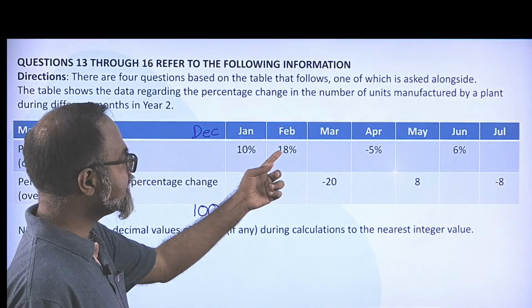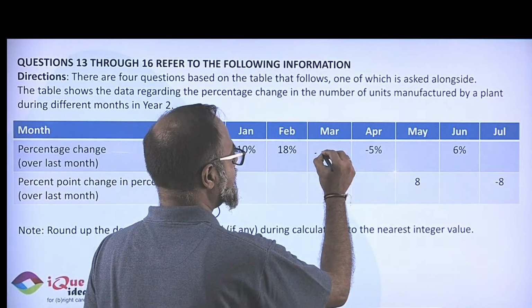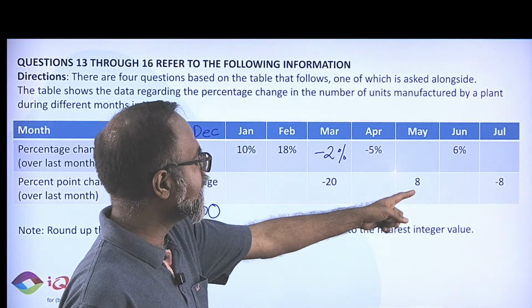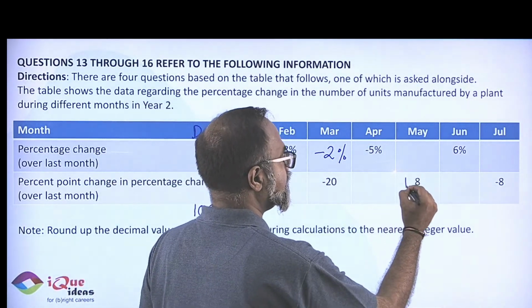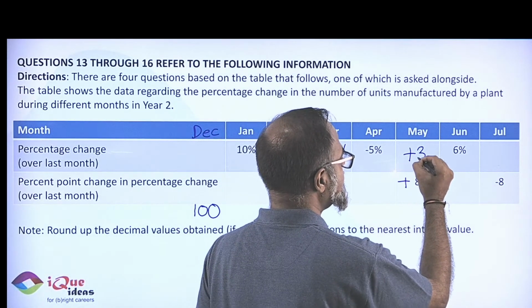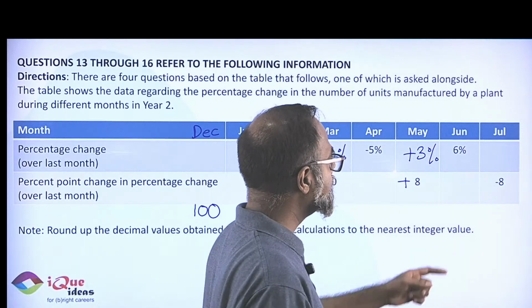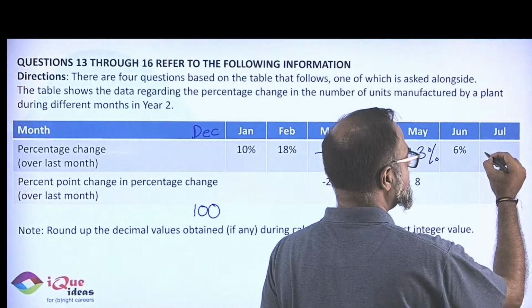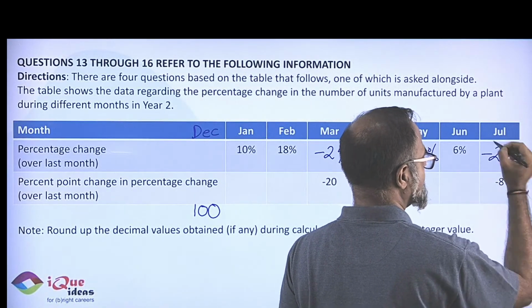So 18% -20 should be taken as -2%. Again, this is +8, right? So -5% plus 8 is +3%. And 6%, the next is -8. So 6% -8 should be taken as -2%.